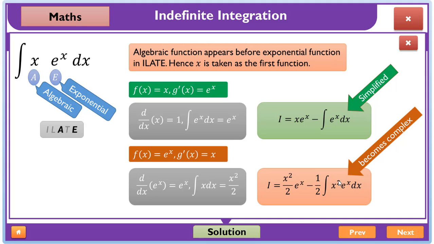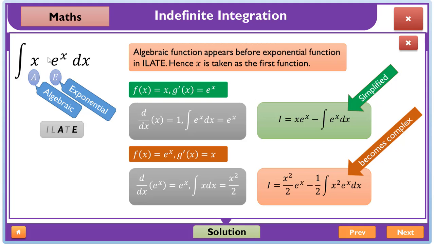Now you can see this integral is more complex than the original. We would need to integrate again by parts, and eventually it will get more and more complex, and quite impossible to evaluate. So the first choice is the natural one, and we should stick to it.